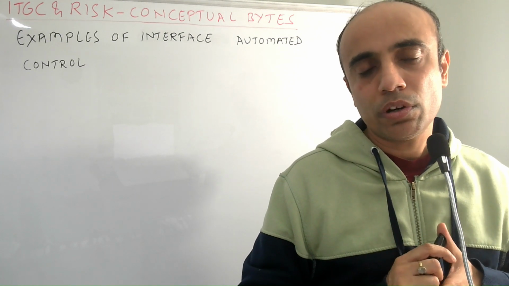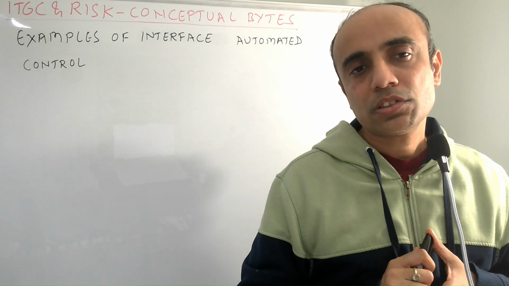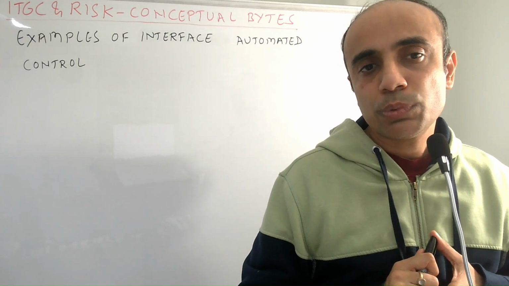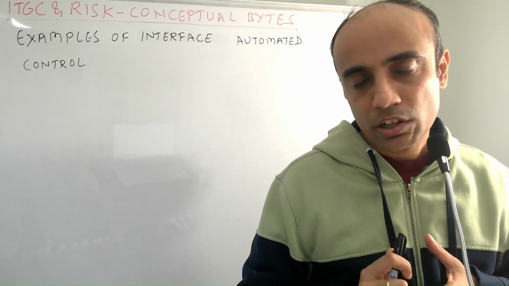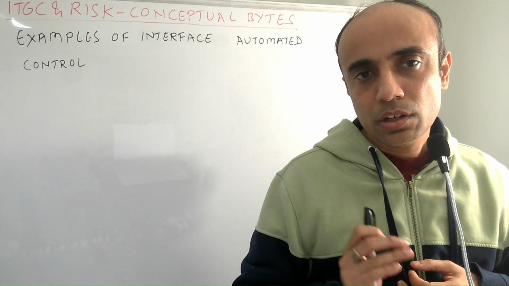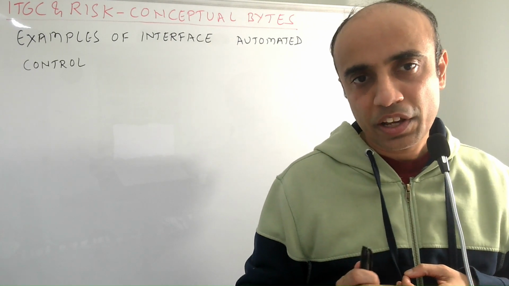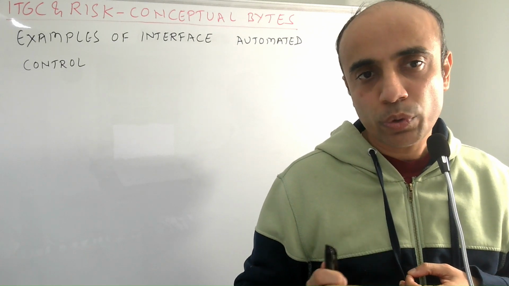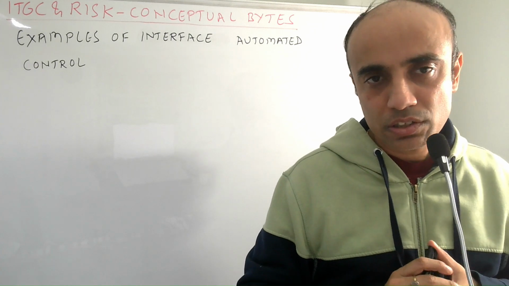That's an example of an interface automated control. Next, the interface between an ERP application and a vendor application, mostly done for processing of payments. The interaction between the ERP application and the vendor application in an automated way through an interface is an example of an interface automated control.